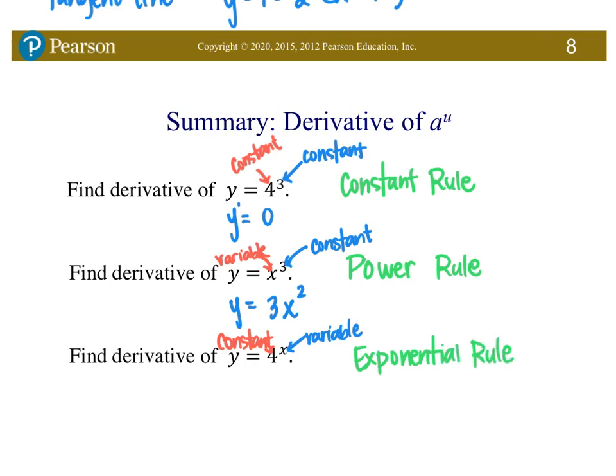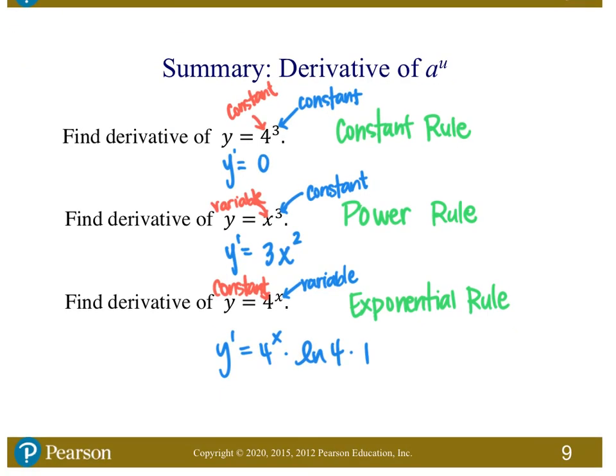And so the exponential rule would say that y prime is part of its own derivative times the natural log of 4 times the chain rule of 1. So probably best written as natural log 4 times 4 to the x.